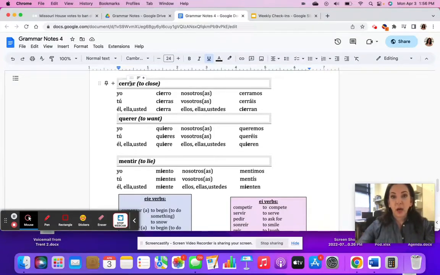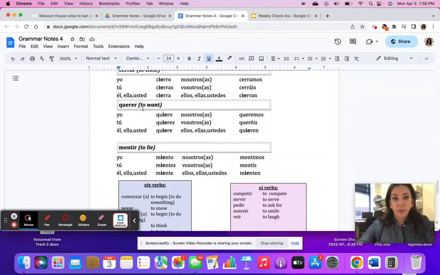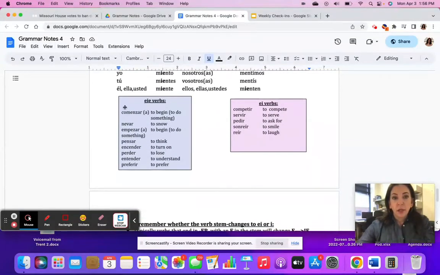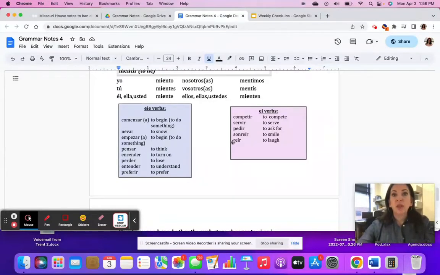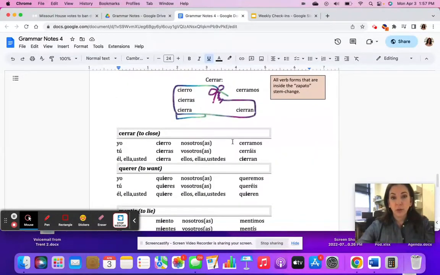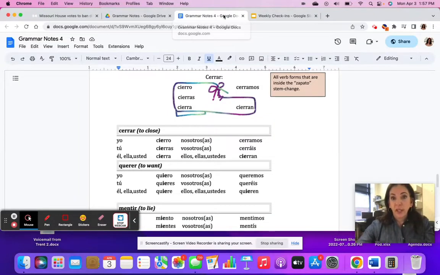If it's an AR, ER, or IR, to make sure that those endings, when you conjugate the verbs, align with what type of verb. So here we have some E to IE verbs. And then over here, we have the E to I verbs, and they're going to conjugate exactly the same with that regla del zapato. Okay, so again, this is your grammar note for capítulo cuatro.